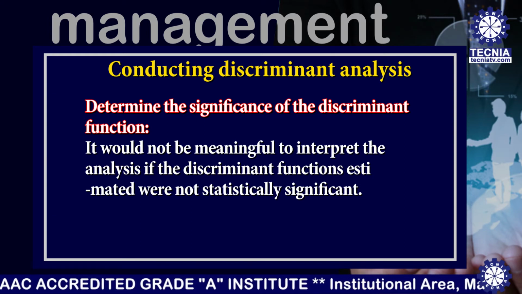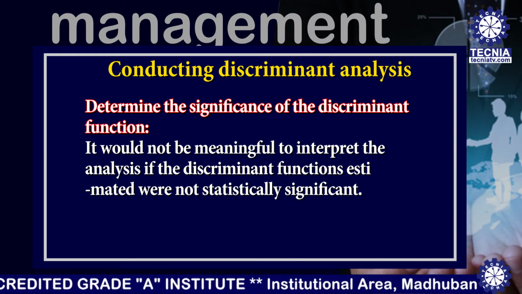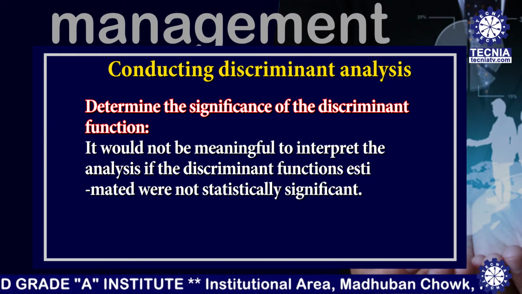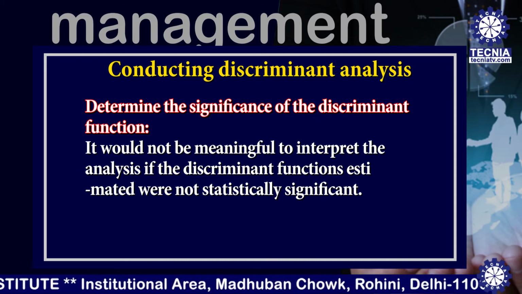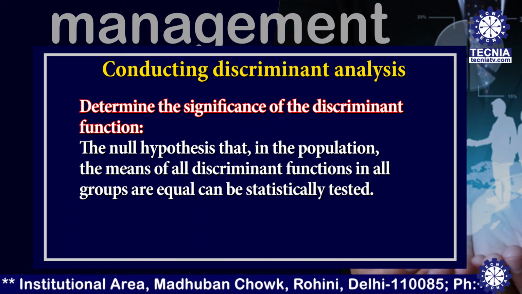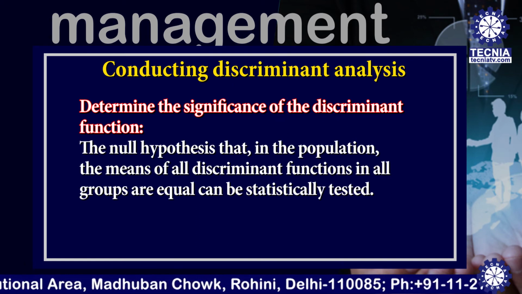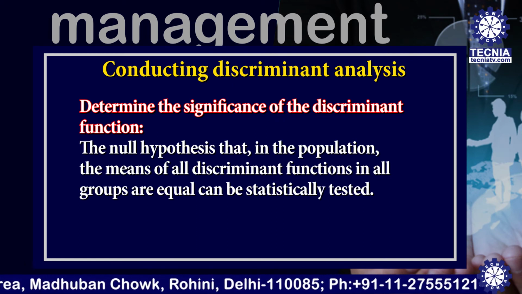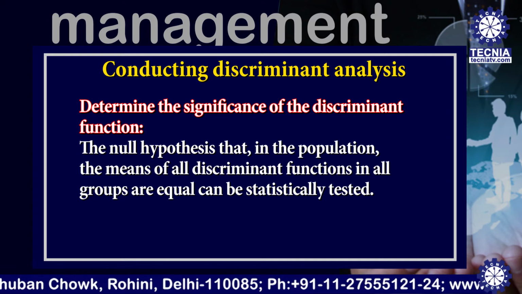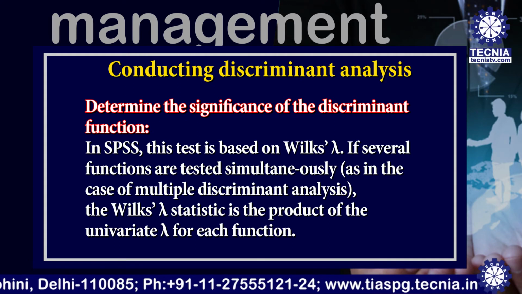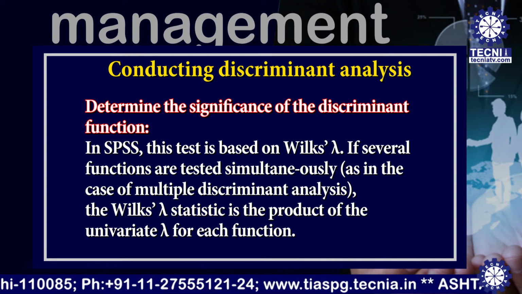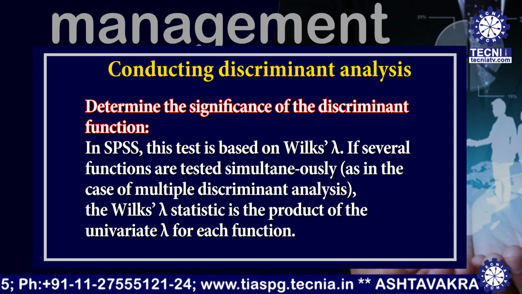It would not be meaningful to interpret the analysis if the discriminant functions estimated were not statistically significant. The null hypothesis that in the population the means of all discriminant functions in all groups are equal can be statistically tested. In SPSS, this test is based on Wilks' lambda.